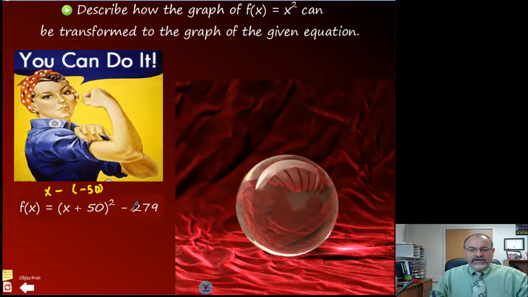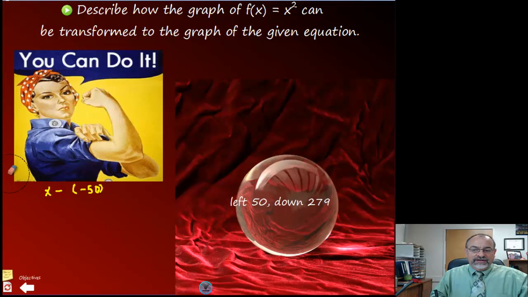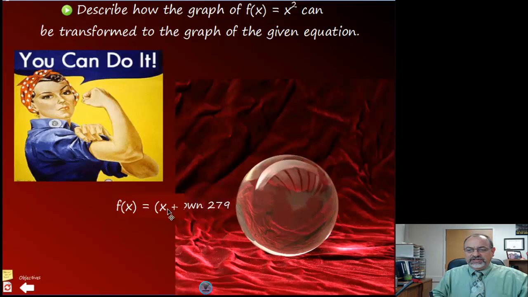We've already taken care of the sign, so this would be down 279. Now I think I said this was a shift down, but that should be a shift to the left 50 units, right? Because it's negative and negative goes to the left. So left 50 and then down by 279.